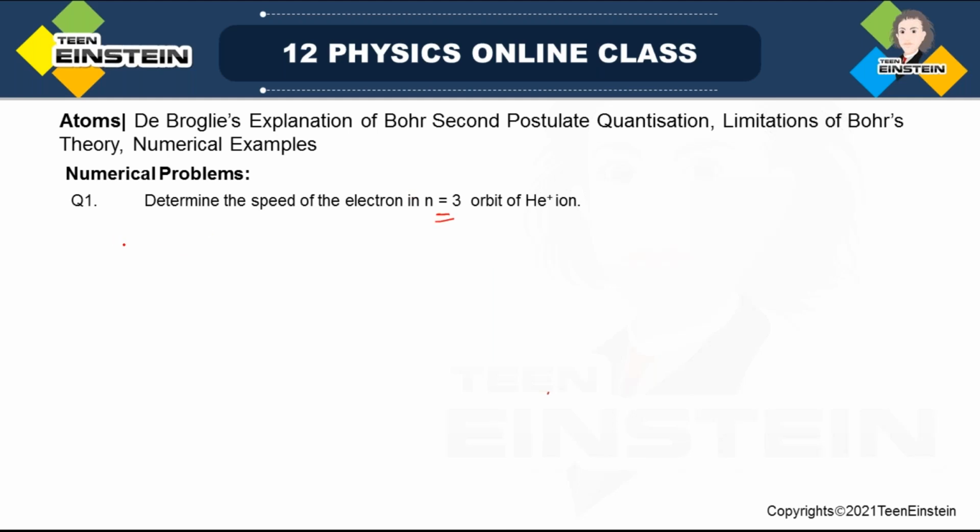So you have to remember a formula, that is speed of electron in any orbit of H atom.